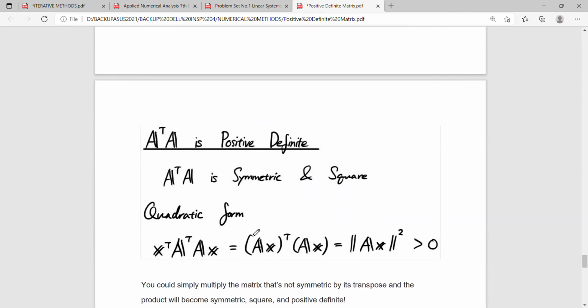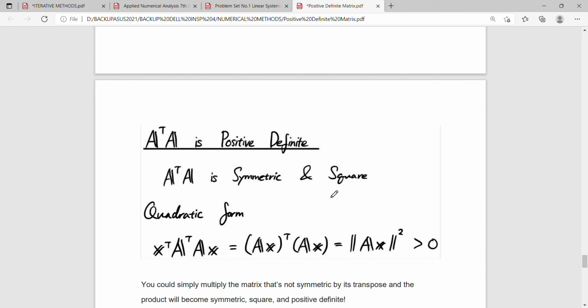But I'd like to share with you this short lecture by Dr. Shaw on how to deal with positive definite, how to check, and how to convert a matrix which is not symmetric to a symmetric matrix. Or sorry, to a quadratic form to check whether it is a positive definite matrix.